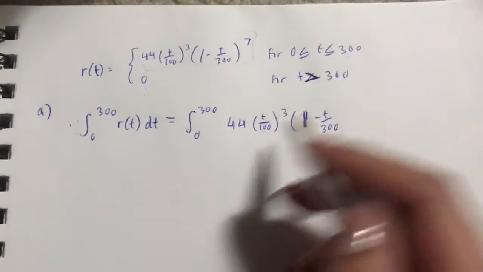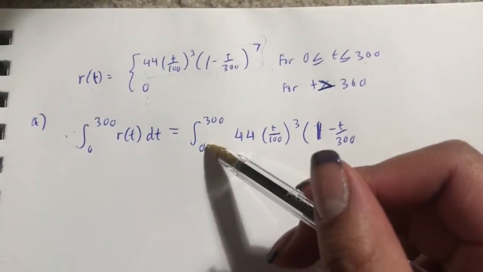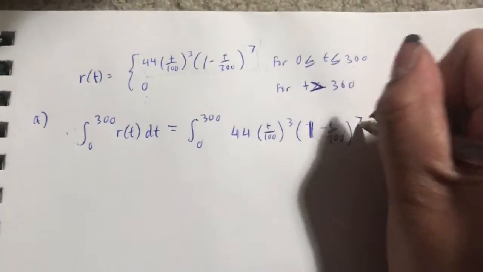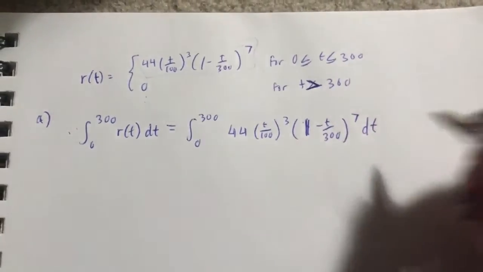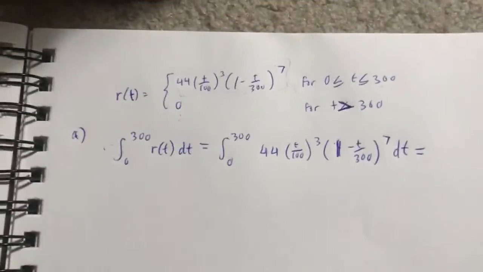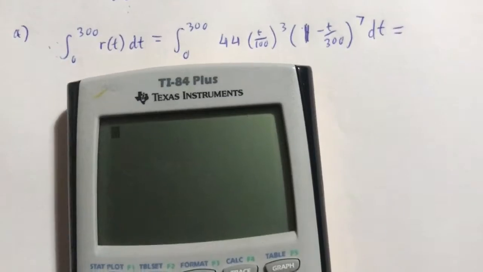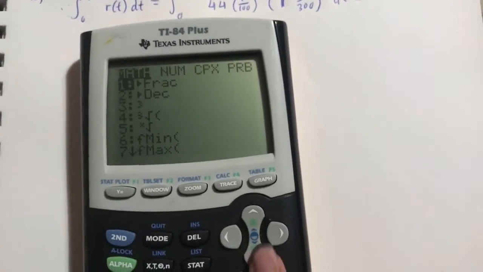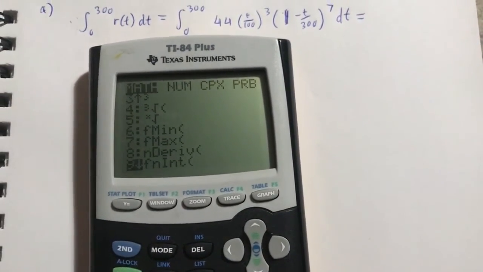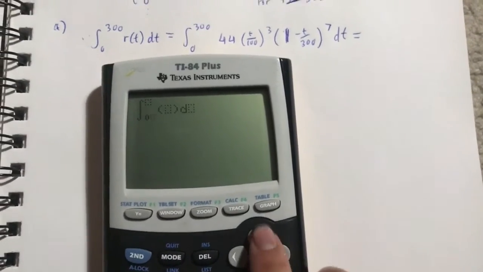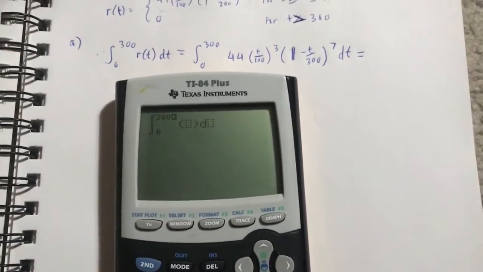And we're taking the integral of that from 0 to 300, and we can't forget the dt. Then we have to just plug it into the calculator. So you go to math, scroll down to get that integral, and then we set the bounds from 0 to 300.